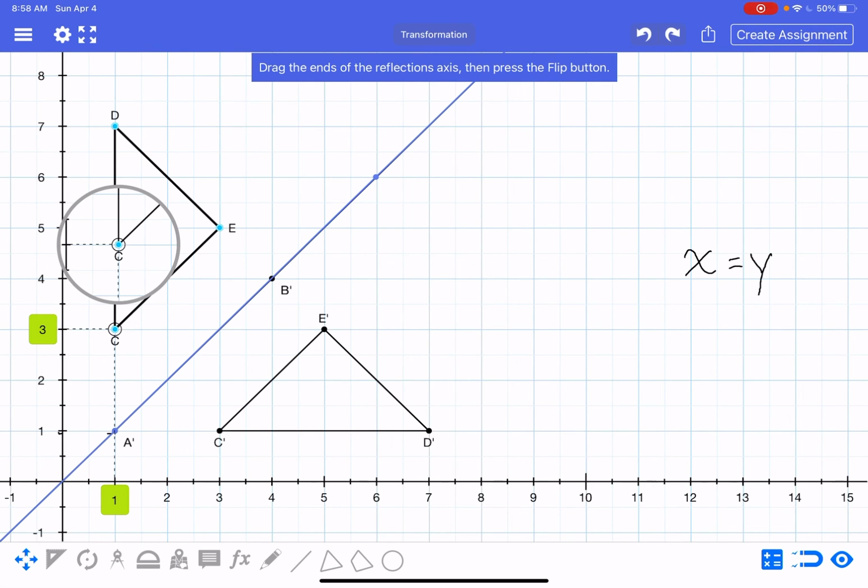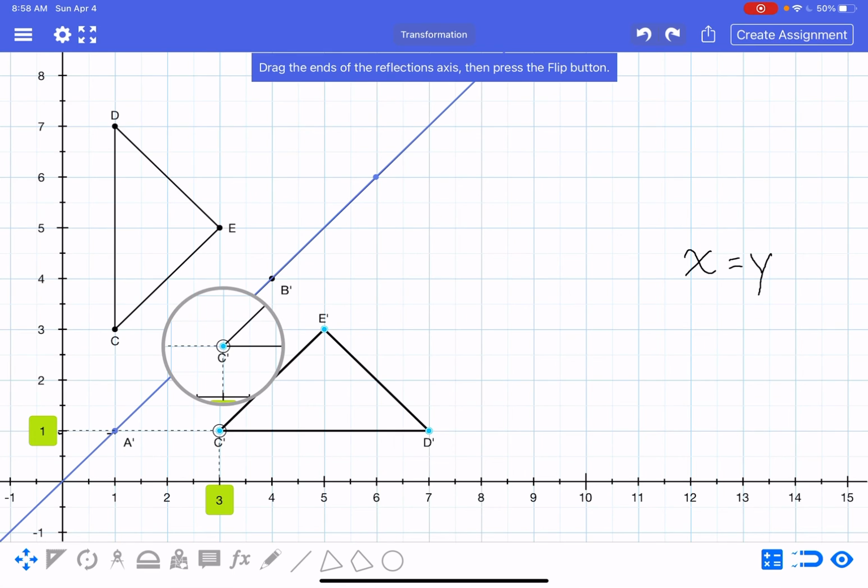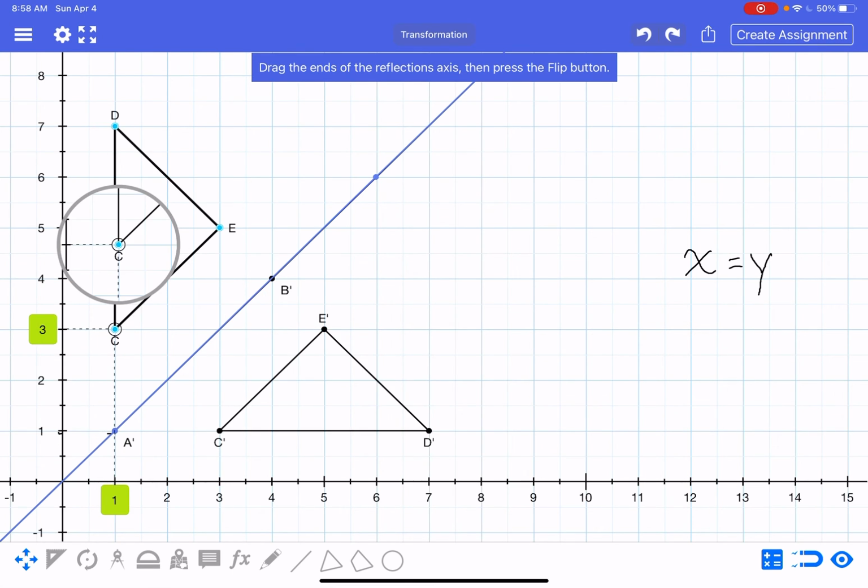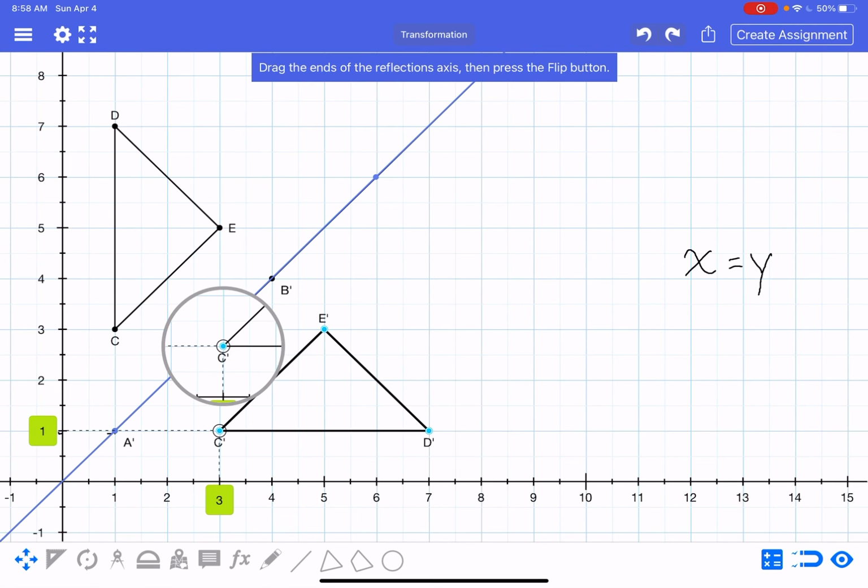So the image of C is at 3 and 1. There's 1 and 3. There's 3 and 1. So again, this line of reflection, x is equal to y, will basically make the x and the y switch over, right?